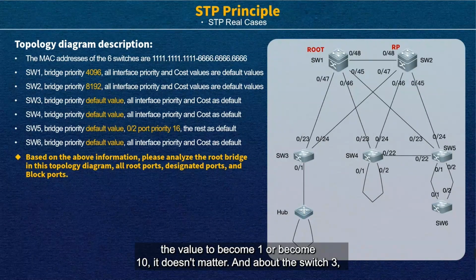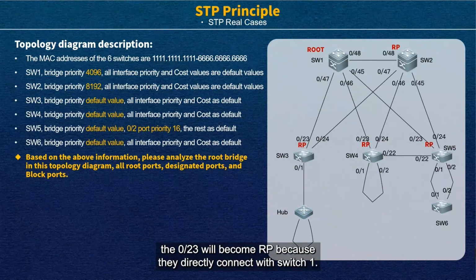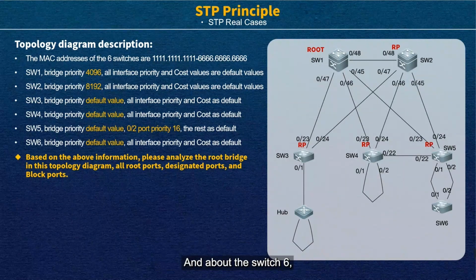About switch 3, interface 23 will become the RP. Switch 4, 23 will become the RP. Switch 5, 23 will become the RP because they directly connect with switch 1.